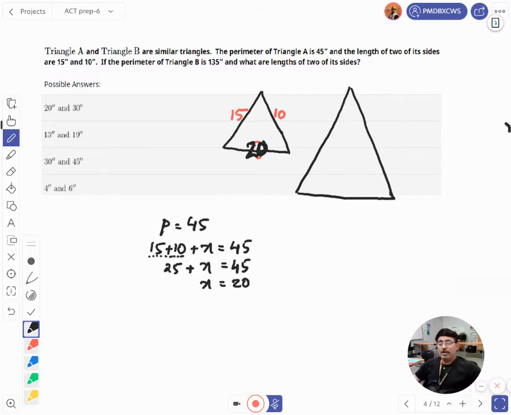Next, coming to the next question, the perimeter of the second triangle is 135 inches. And what are the lengths of two of its sides? My bad. Actually, this is not necessary to compute because the question is about two sides. For no reason, I computed the third side.